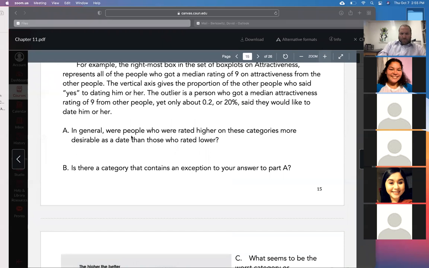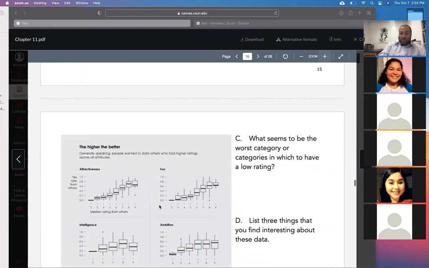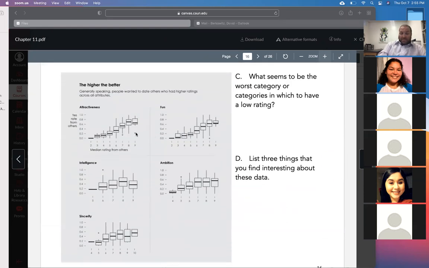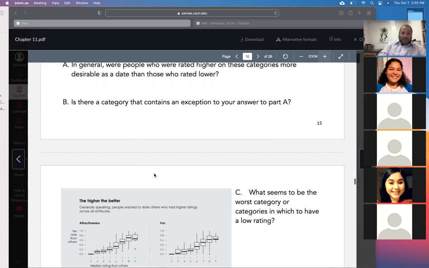In general, were people who were rated higher on these categories more desirable as a date than those who were rated lower? Were 9s and 8s more desirable than 1s and 2s pretty much across the board? Yes. Is there a category that contains an exception to your answer in part A?